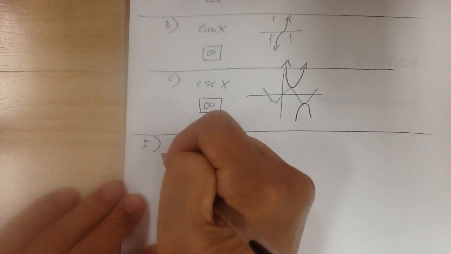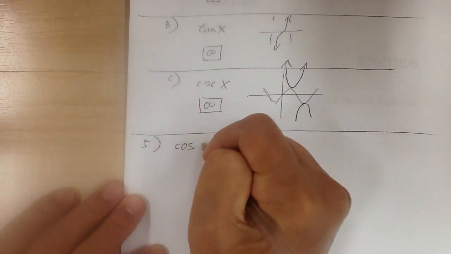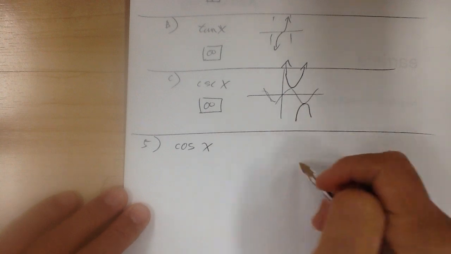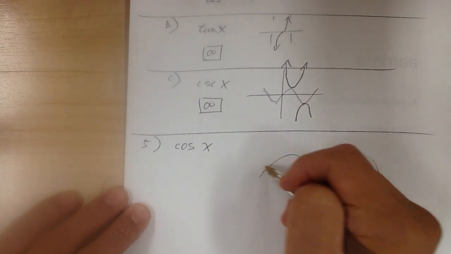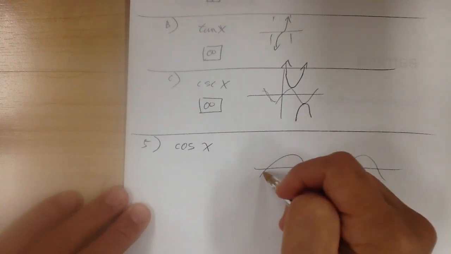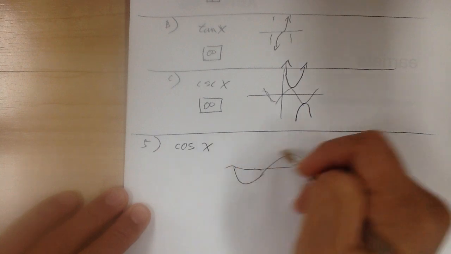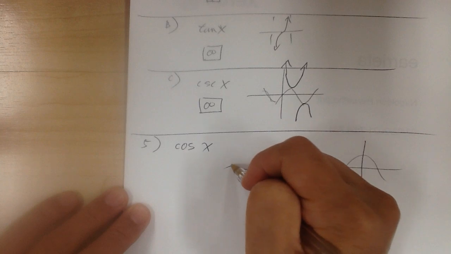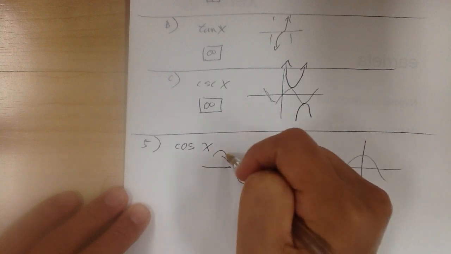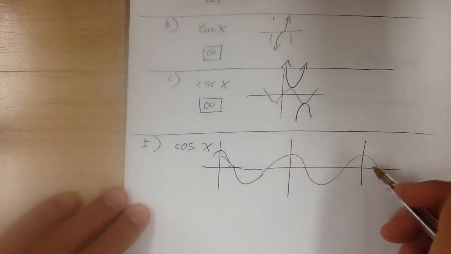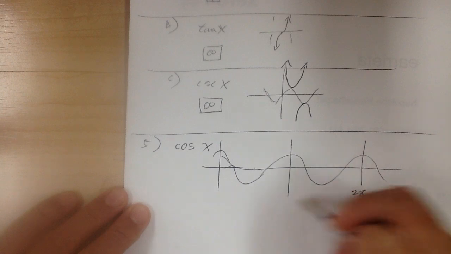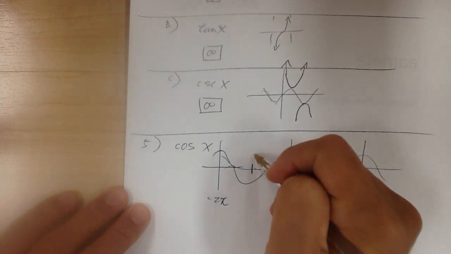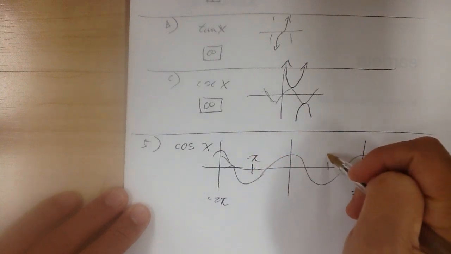Okay, number 5. You're looking for the x-intercepts. Again, if you look at the graph for cosine, here's your 2 pi, here's your negative 2 pi. Here's your negative pi, here's your positive pi.